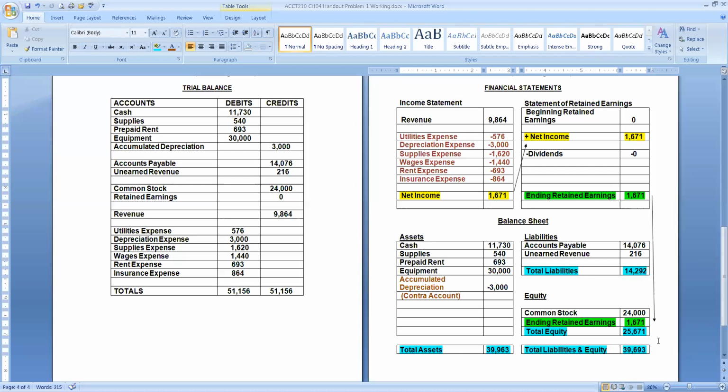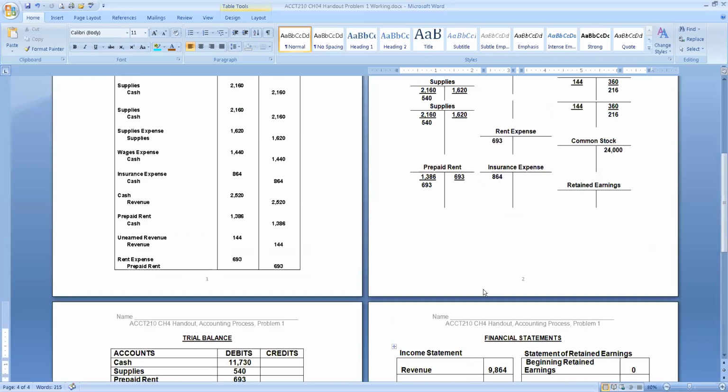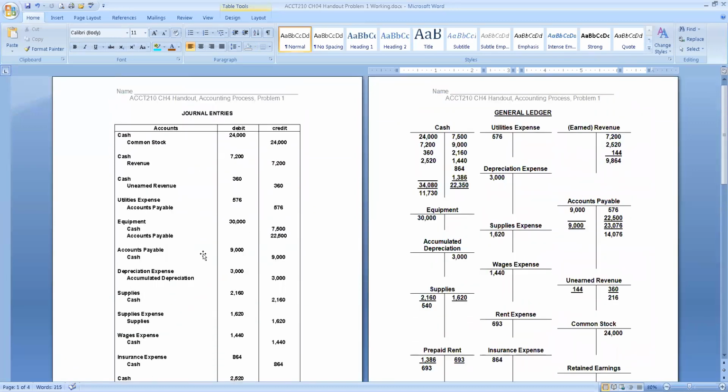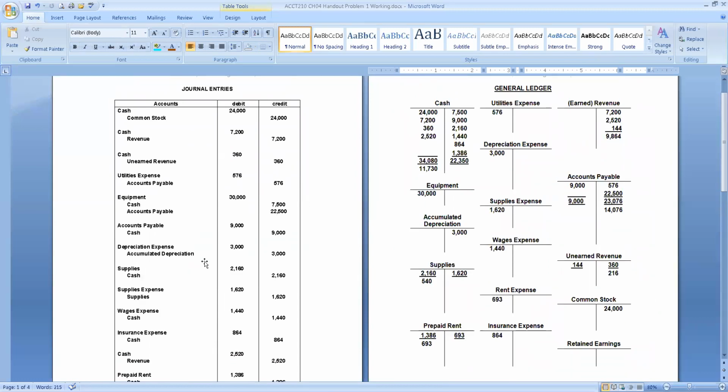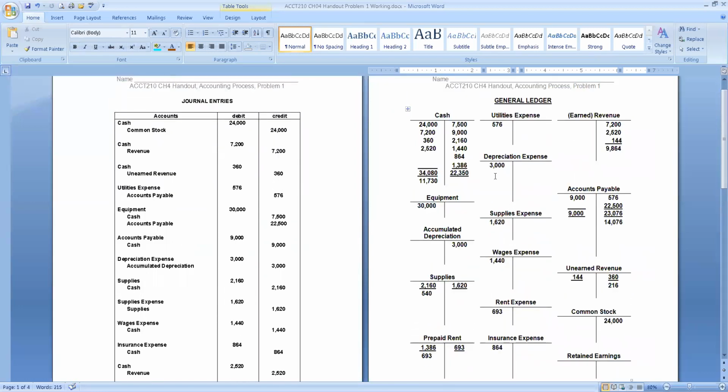Okay, so just to reiterate what we've done: going from this, which is just the journal entries, quick jot down, and general ledger. This is actually where most of your time is spent.